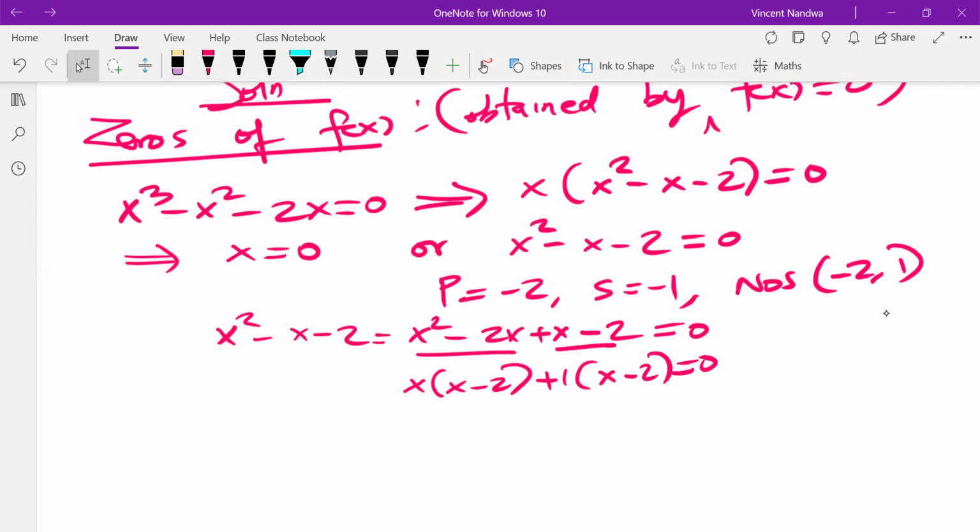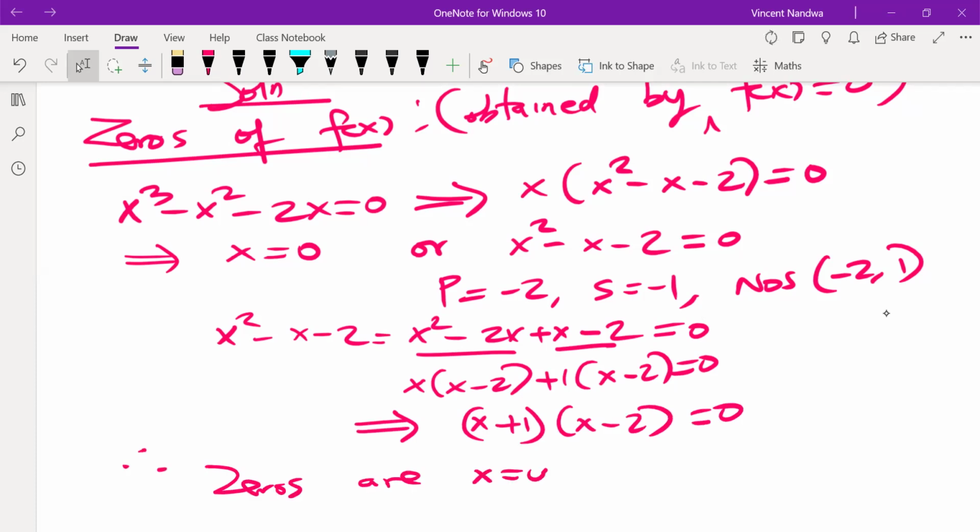So we'll have x plus 1, x minus 2 equals 0. Therefore, zeros are x equals 0, x equals -1, and x equals 2.